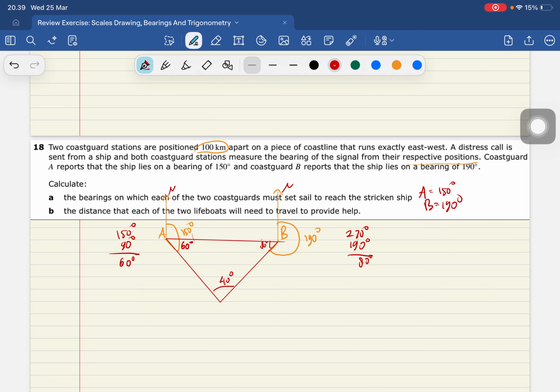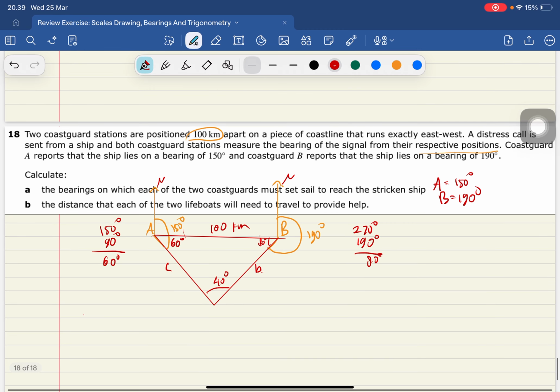Okay, B: the distance that each of the two lifeboats will need to travel to provide help. As we got here, A to B, the distance is 100 kilometers. So we can find it, this is B and here is C. We can use the sine rule.